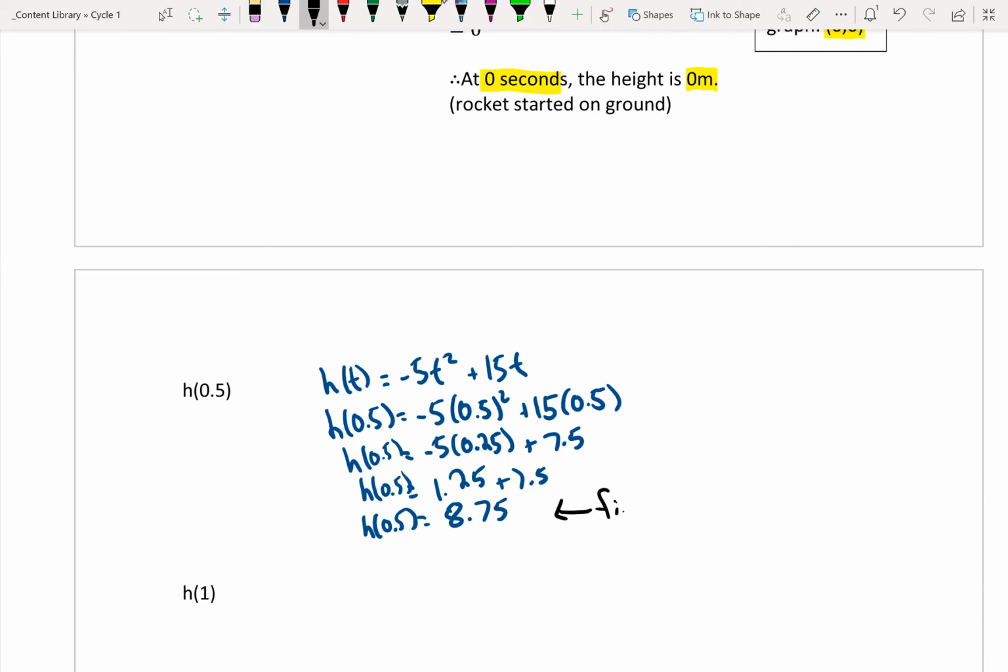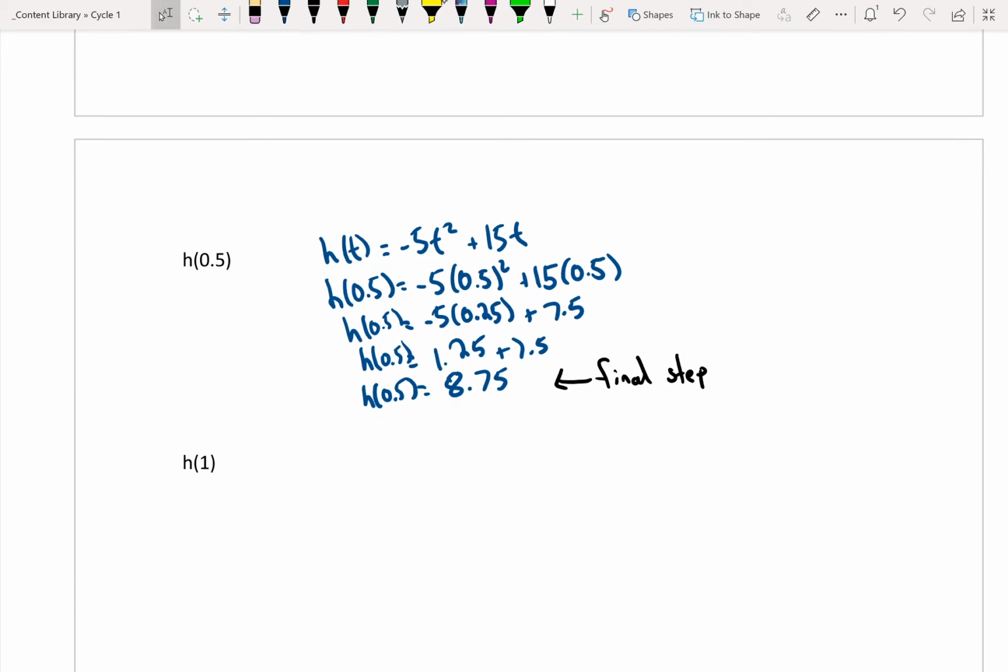So this is the final step, and we'll put in brackets: do not need to solve for h, because we've already figured out that the function h when t equals 0.5 is our answer here.